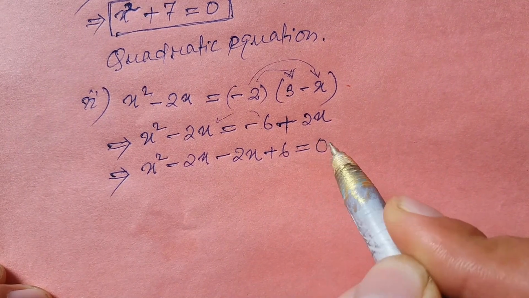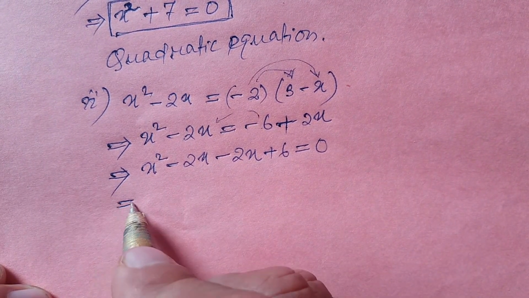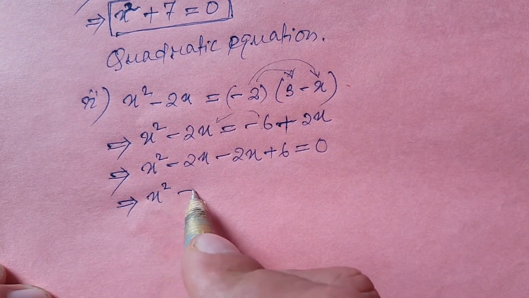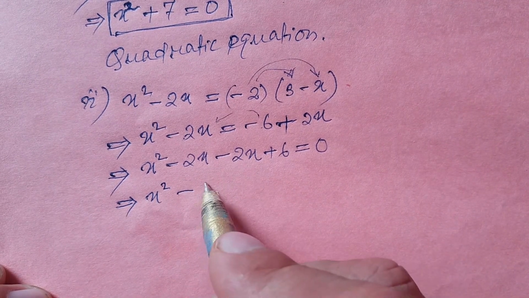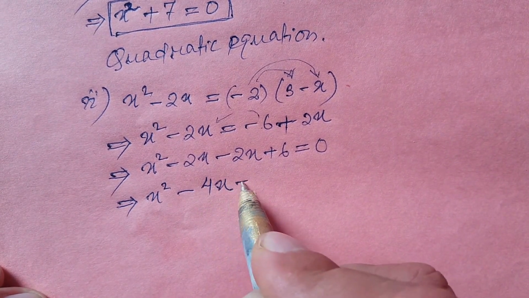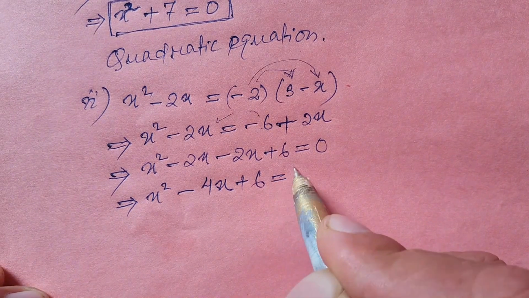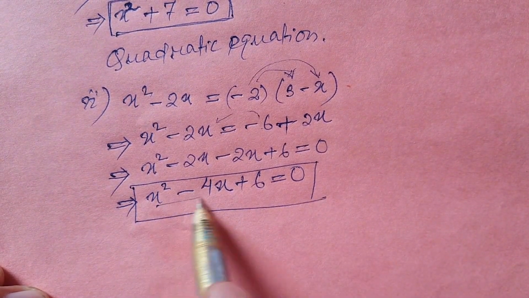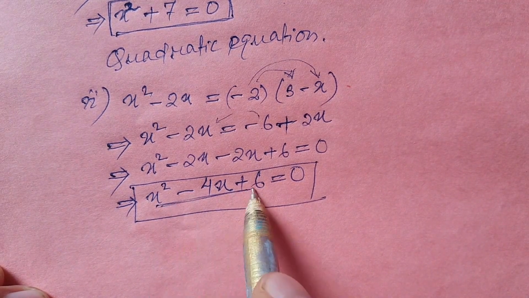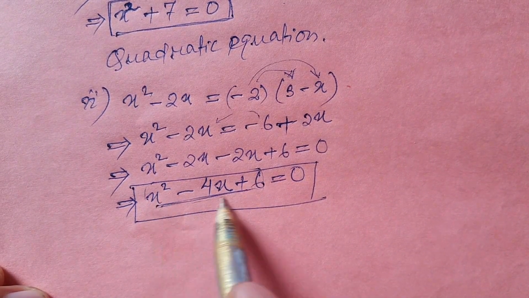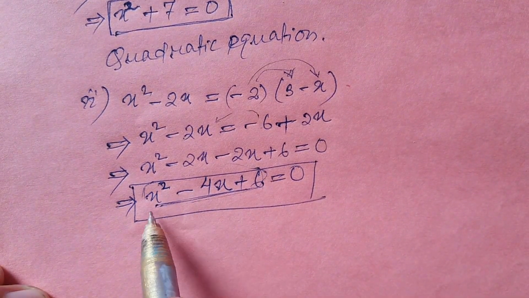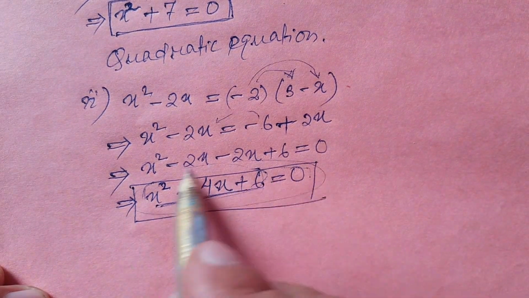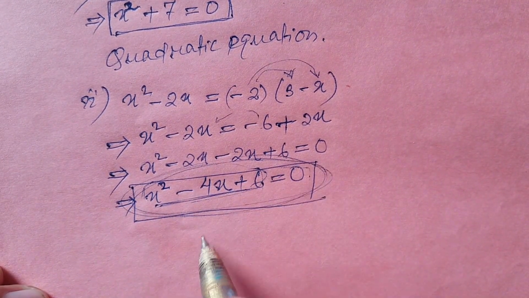This is equal to 0. Now this is x square minus 2x is minus 4x plus 6. This is equal to 0. Now here again the left hand side expression is a quadratic polynomial. See, the degree of this polynomial is 2, so this is a quadratic equation.